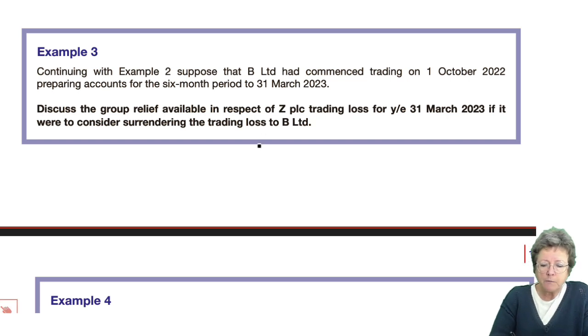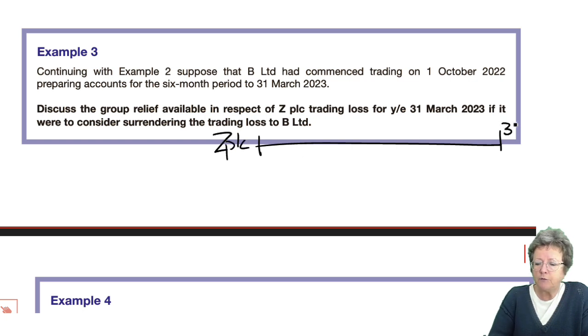Well, if we look at this, Z plc, year ended 31st of the 3rd, 23. B Limited only started to trade on the 1st of October 22.